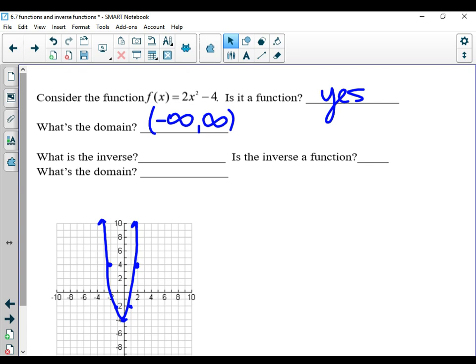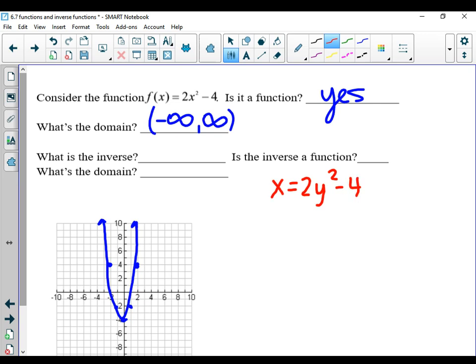Okay, so if I switch x and y, add my 4, divide by 2, so 1/2 x plus 2. And how do I get rid of a square? Square root. But what do I have to include when I take the square root of both sides?